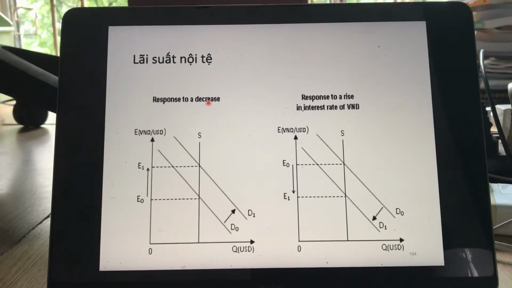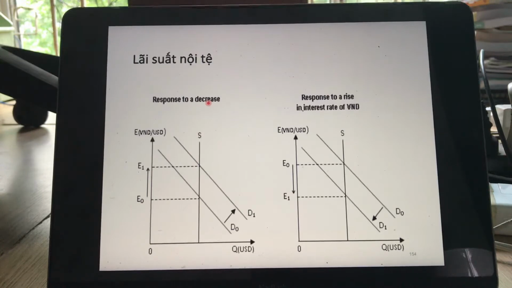Am I right? Yes. Okay. So when the Vietnamese people demand to hold more foreign assets, or assets denominated in the foreign currency, it shifts the demand curve to the right, and it raises the exchange rate. That's the way to analyze.